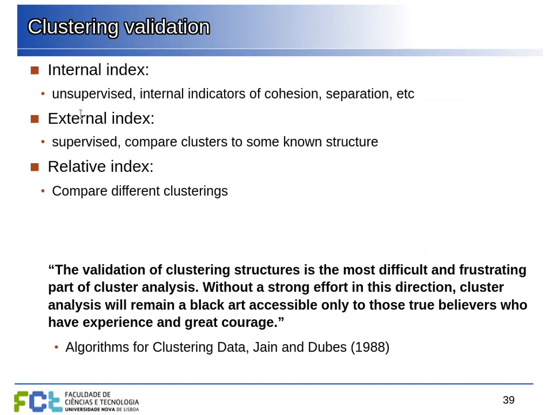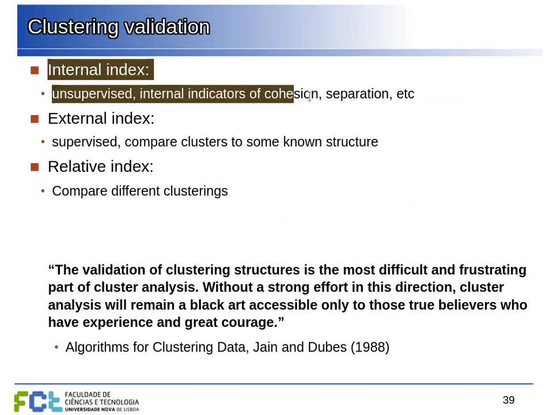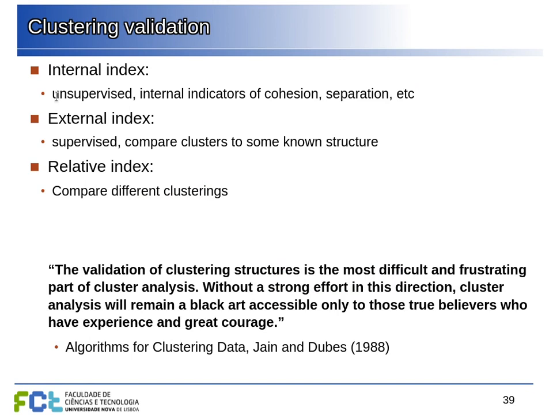So basically we have been looking here at internal indexes, which are these kinds of indexes: cohesion, separation, silhouette score, and so on. There are also external or relative indexes, when we compare, for example, clusters with class labels if we have our data labeled, or we can compare different clusterings created by different algorithms.